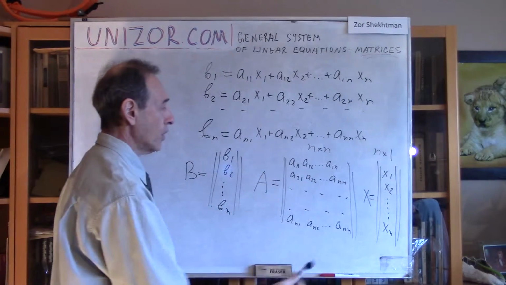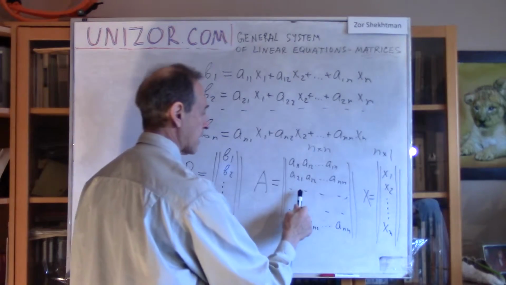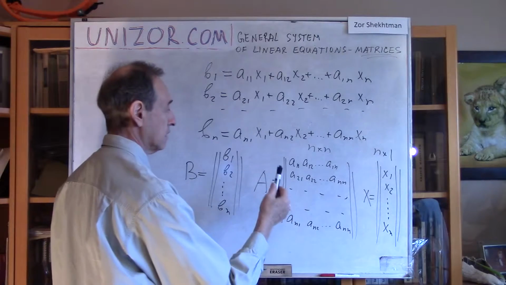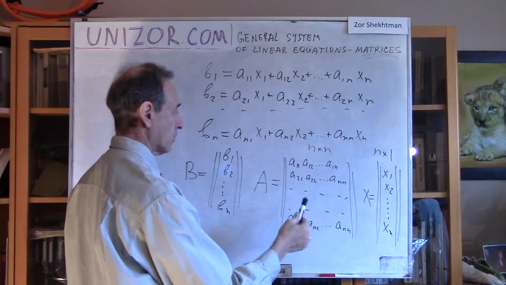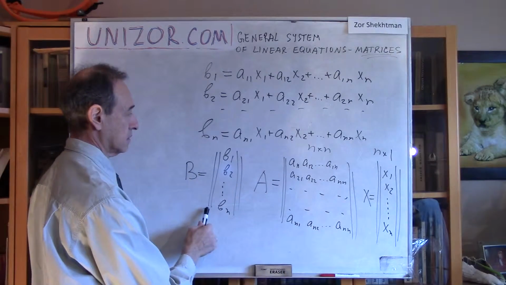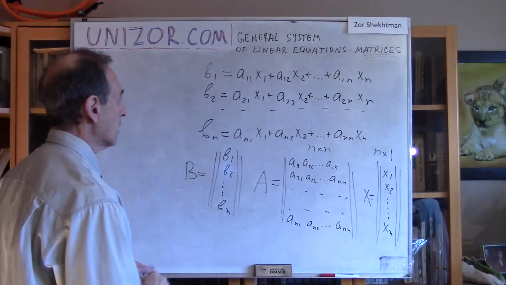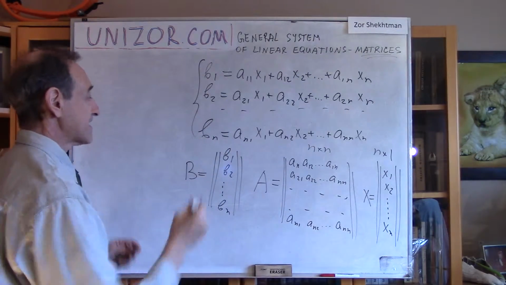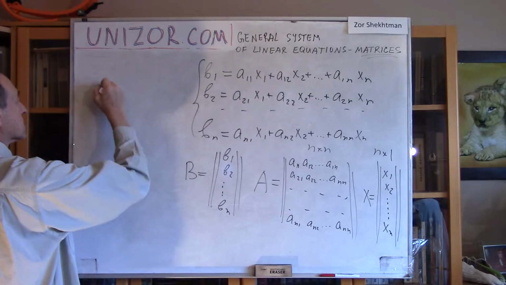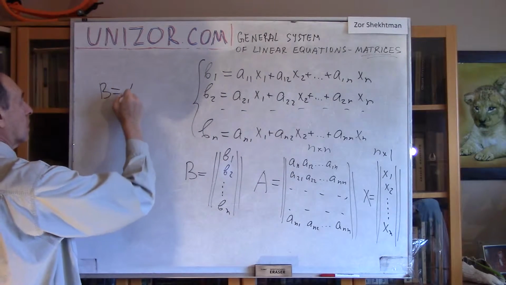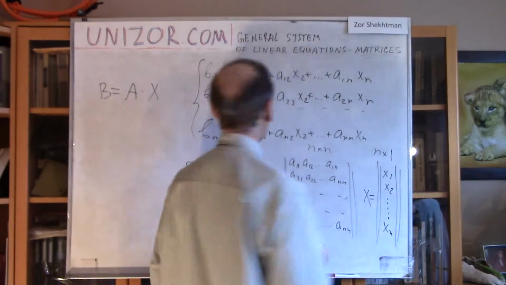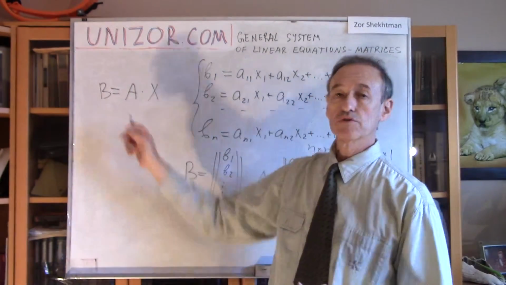So my point is that the result of multiplication of this by this, which is a column vector, would be exactly the same value as this column vector. So this particular system of equations is equivalent in the matrix lingo to this. And that's the most important part, actually, which I wanted to emphasize.